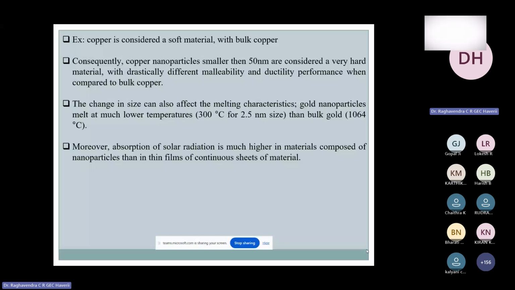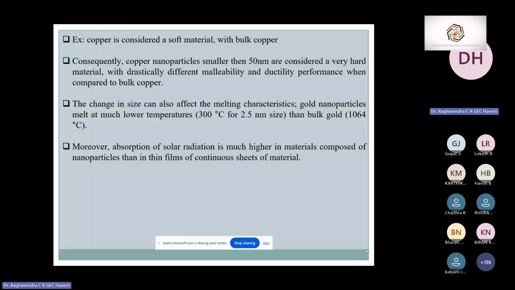The change in size can also affect the melting characteristics, the thermal properties, and the tribological properties as well. Gold nanoparticles melt at a much lower temperature, 300 degrees centigrade for 2.5 nanometer size, compared to 1064 degrees centigrade for bulk gold.